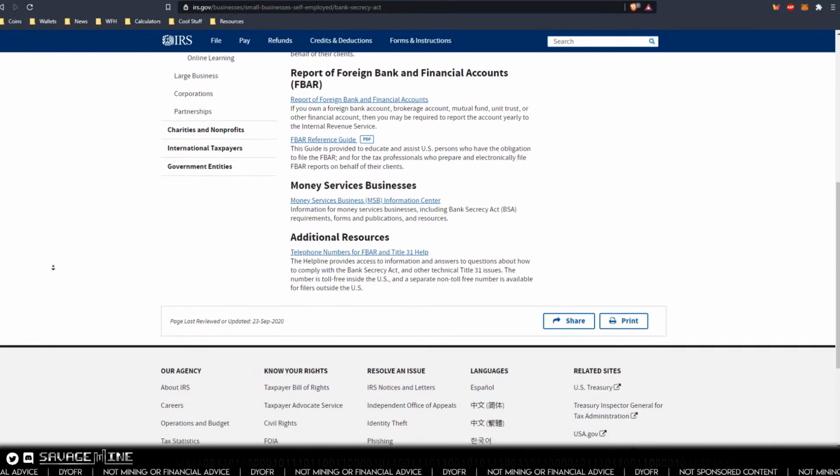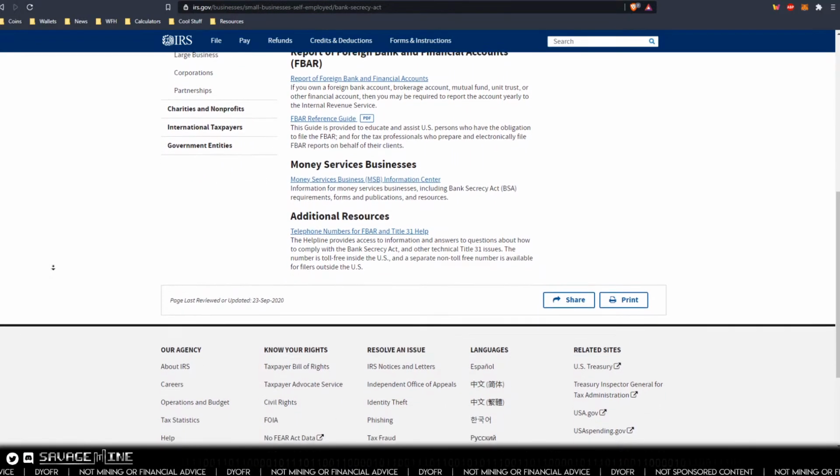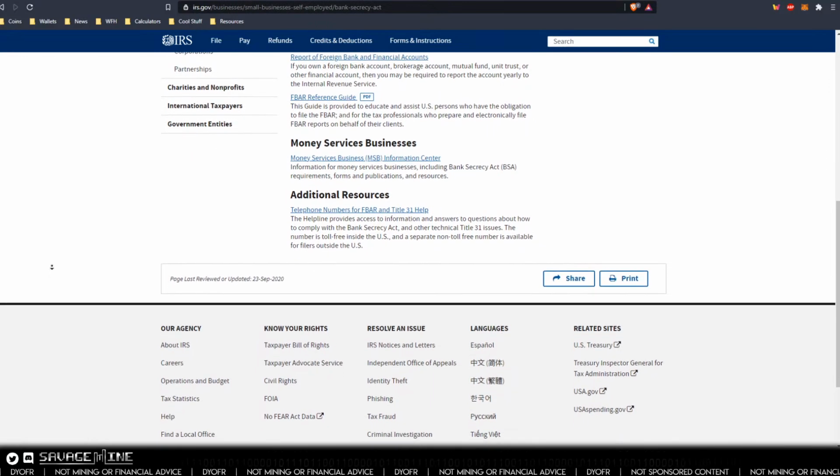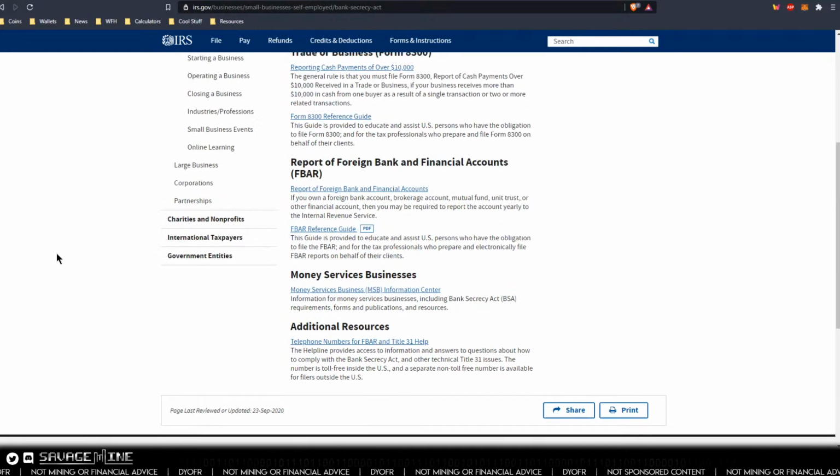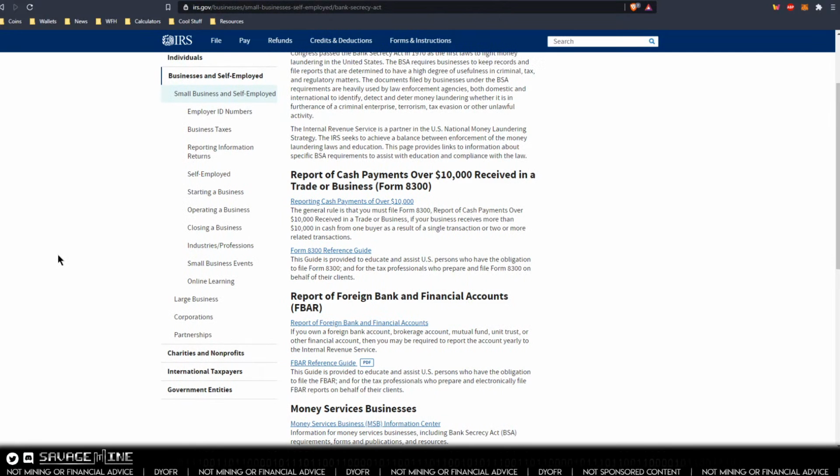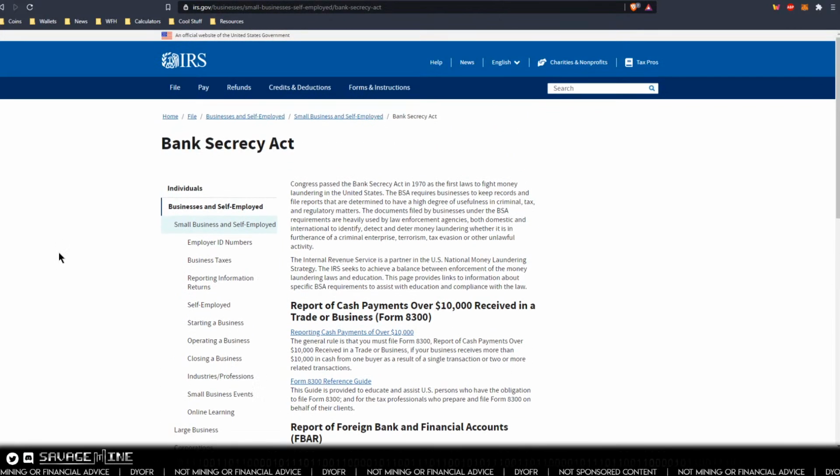That is in a sense what this is all about as far as the BSA goes. So just think of the BSA as the law that governs the AML and KYC aspects of securities.